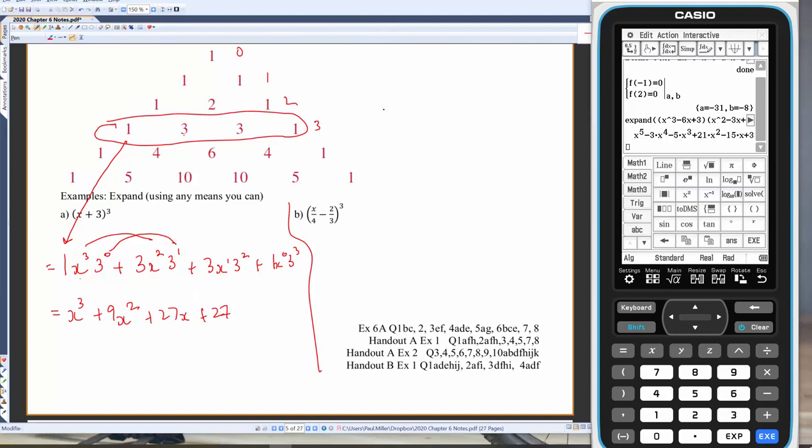There is another way of doing it. So you can go x plus 3, x plus 3, and x plus 3, and actually run an expansion. So what you do is you expand that by that, that by that, that by that, and get a result, which is going to be x squared plus 6x plus 9, then multiply by x plus 3.